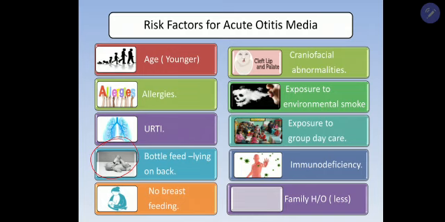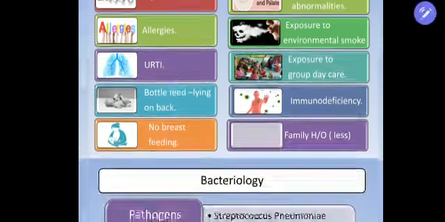Same is the case when we put our babies into daycare, here also many babies are together and one disease can get transmitted to another. Immunodeficiency, usually in adults, can be any state, anything starting from diabetes and onwards. Then family history is the least important.